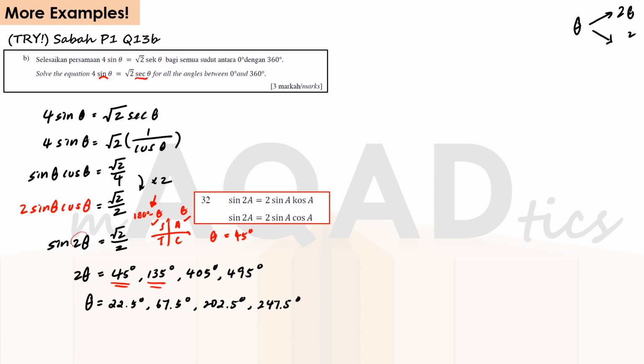And then since this is 2 theta, it means another cycle, right? So another cycle means I need to add 360 here and 360 here to get the third and the fourth answer. Alright, and then the 2, I can divide all of the values. Okay, and this is how you get the answer.